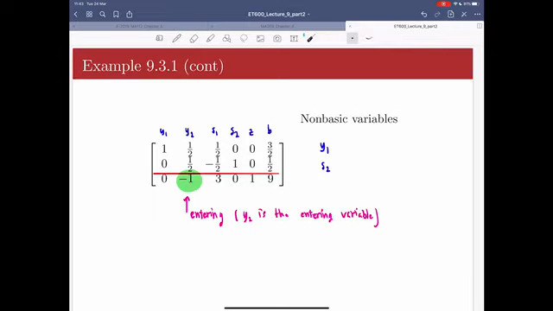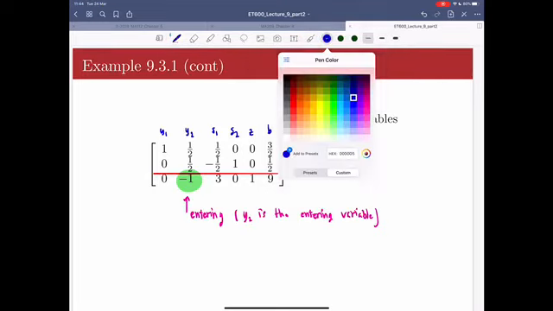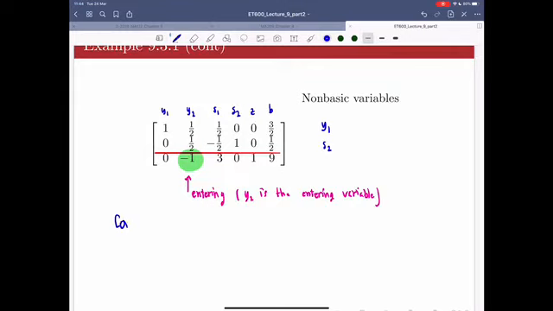Knowing that y2 is going to be our entering variable for this step, we also have to determine which variable is going to be the departing variable. To determine the departing variable, we again compute the ratios. Out of the first row, we focus on b and y2, finding the ratio between b and y2.